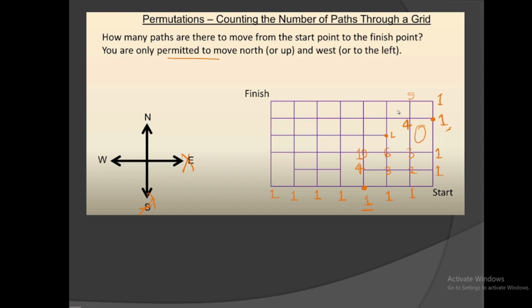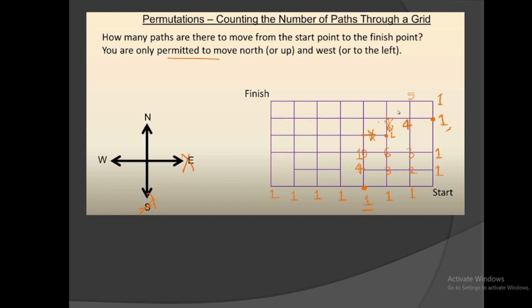So let's do it. To get to point L, we cannot come over here and then go down, because going down is not permissible. We cannot come over here and go like this. This is also not permissible, because rightward movement and downward movement are not possible.